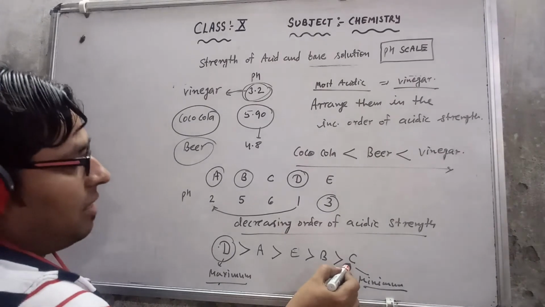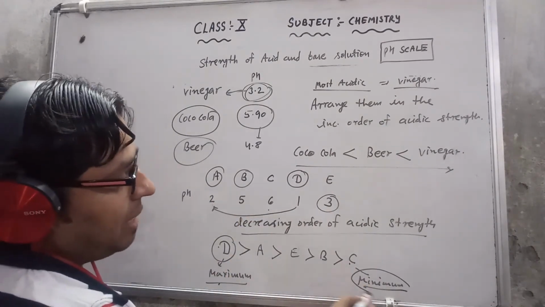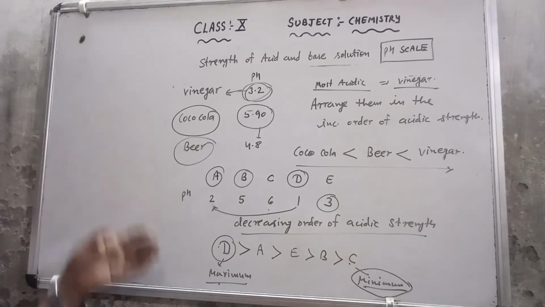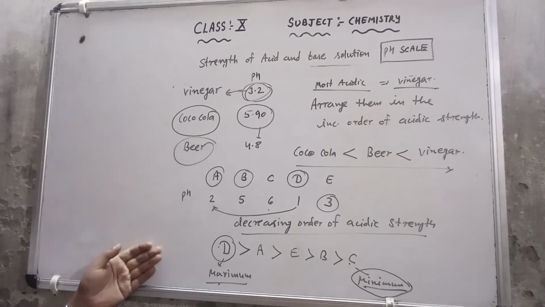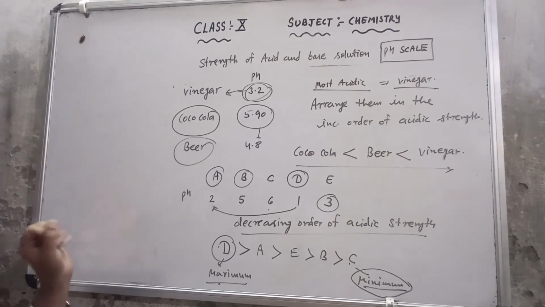C's pH value is maximum here, so it shows the minimum acidic character. So this is the decreasing order of acidic strength. Lots of questions can be asked in this way in exams. I hope you have understood about pH, the strength, and the questions related to it. Thank you.